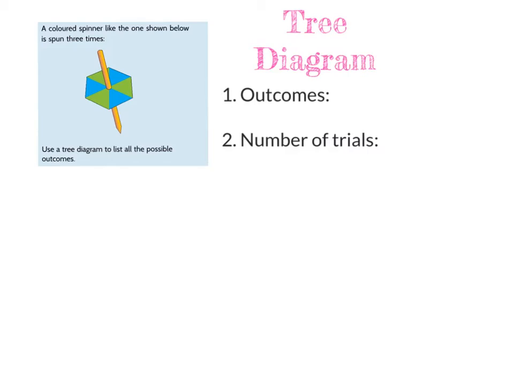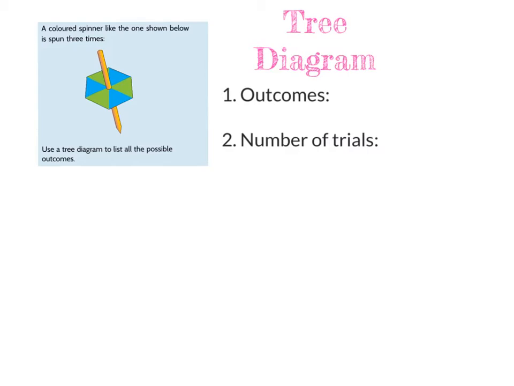So first of all, we need to find out how many outcomes do we have and what are the number of trials. So going over here and looking at our question, a coloured spinner like the one shown below is spun 3 times. So we now know that 3 would more than likely represent the number of trials. Reading it again and looking at the picture, we can also see that there is green and blue.